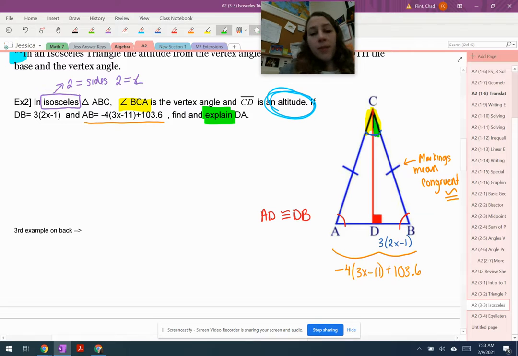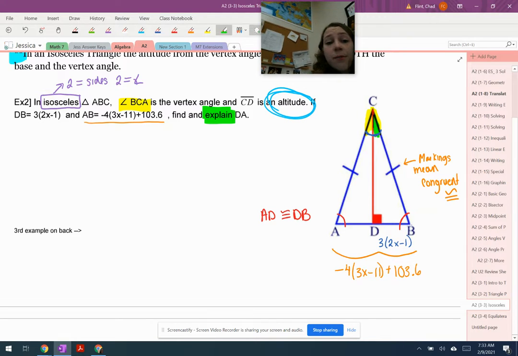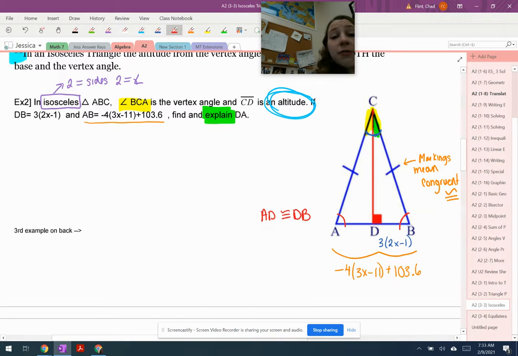But again, that's not the information we have. So we know that this altitude bisects the base, or cuts the base into 2 equal parts, which is where we got AD is congruent to BD. But I need to write that down because I need to explain how I came up with that. So I'm just going to restate that fact from above.